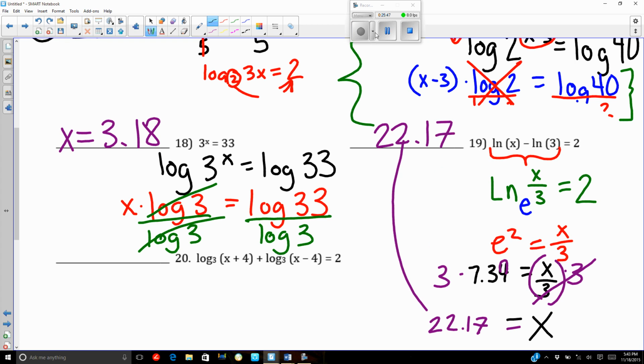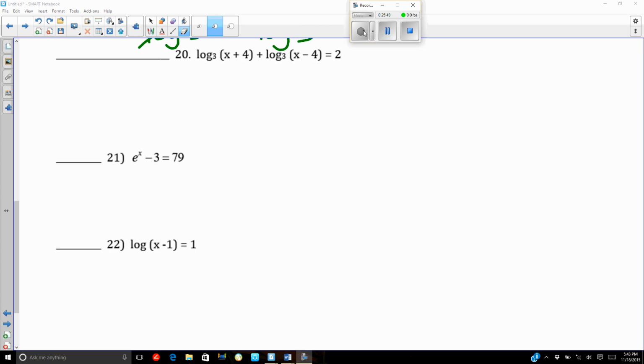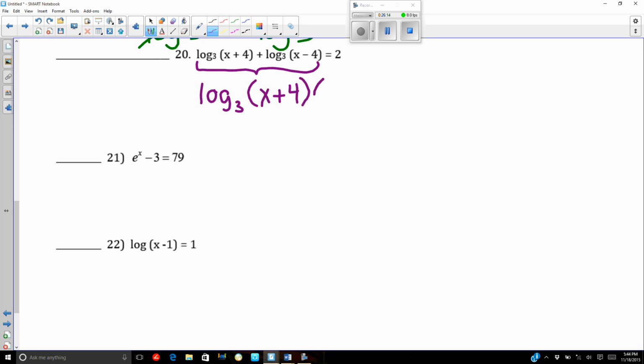All right, number 20, there will be a question very similar to number 20. Different numbers, but same process. 20, a lot like 19, we are going to put it in exponential form. But before we do that, we need to convert the addition of those two logarithms to multiplication. So that becomes log base 3 of x plus 4 times x minus 4. That's one you should be able to multiply together. Either box method, FOIL method, whatever method works for you.